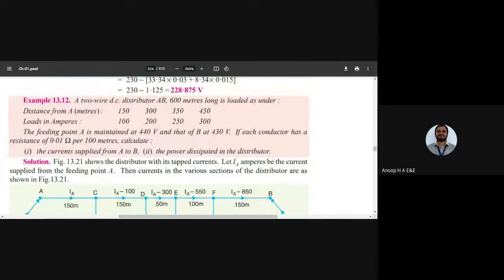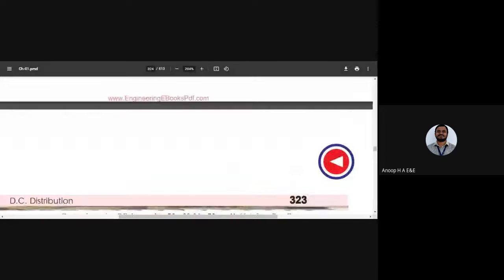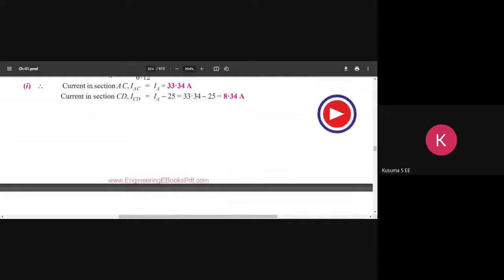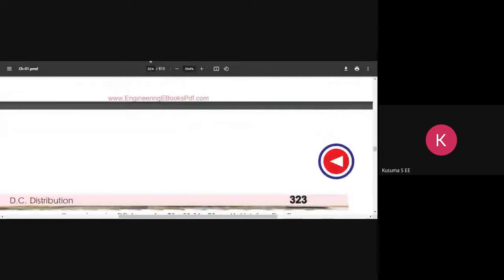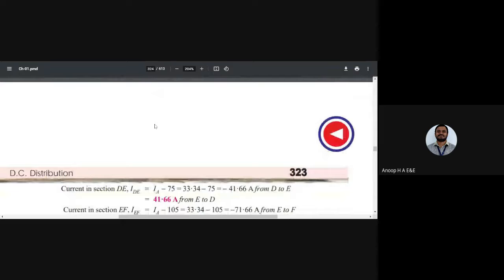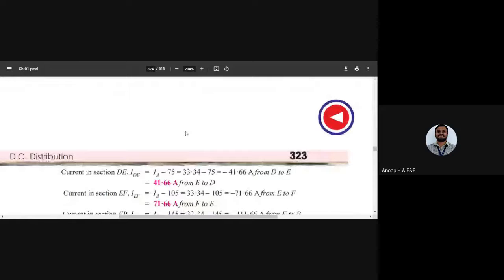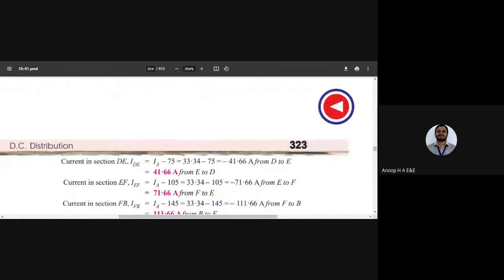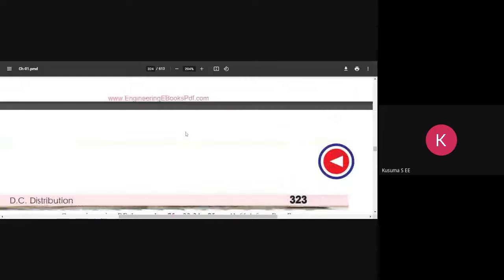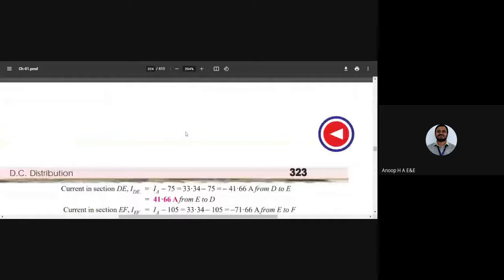Next, current in CD, 8.33. Okay, next, current in DE and EF, 41.65, sir. Is it a positive sign or a negative sign? Negative, sir. Yes, so it means that the current is flowing from E to D.